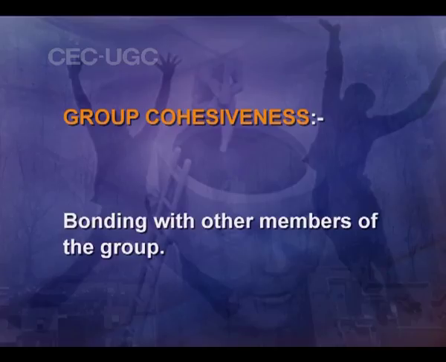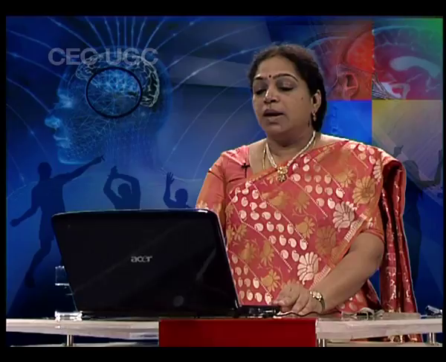Group cohesiveness: bonding with other members of the group. It has been suggested that this is the primary therapeutic factor from which all others flow. A cohesive group is one in which all members feel a sense of belonging, acceptance, and validation.